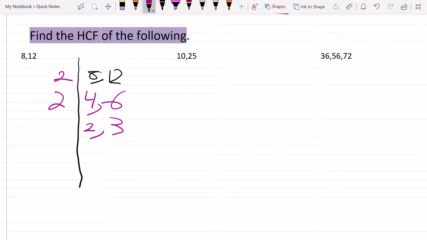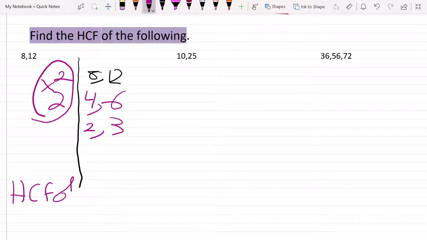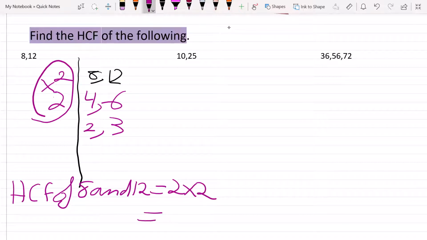This is how we come to our last step, which is multiply. We multiply both numbers to get the HCF of 8 and 12. This means that the HCF of 8 and 12 is 4.